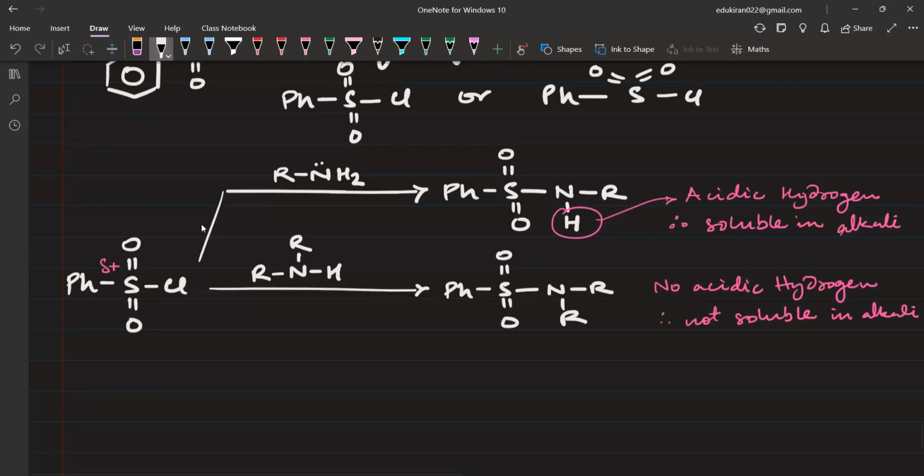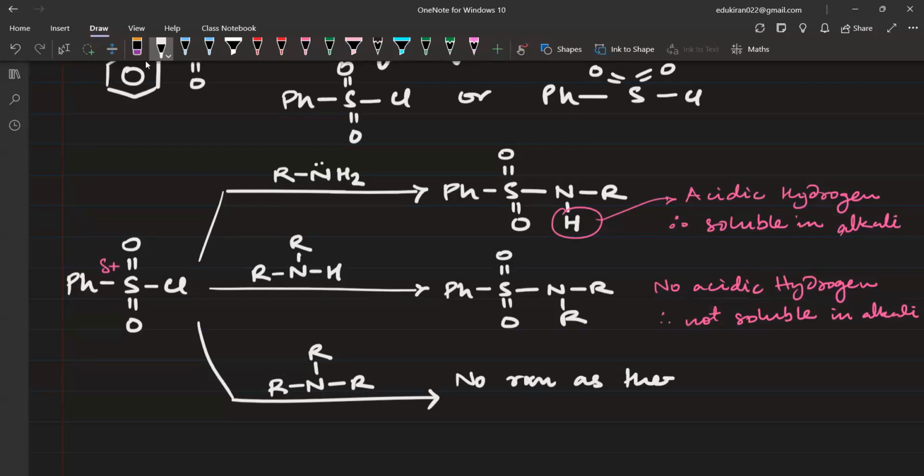Third is when we have three alkyl groups, R, nitrogen, R, and one more R. Since we don't have any hydrogen atom on nitrogen, there will be no reaction taking place.